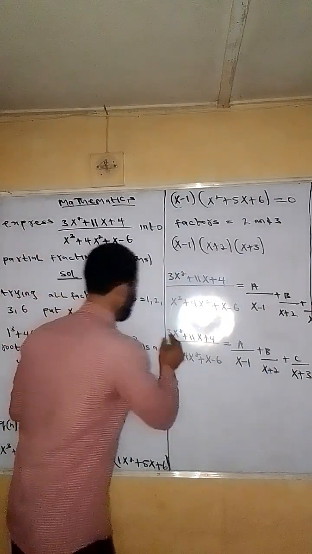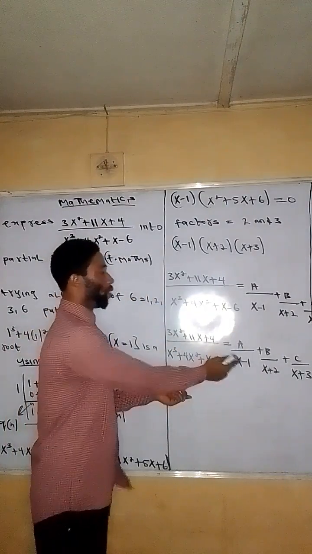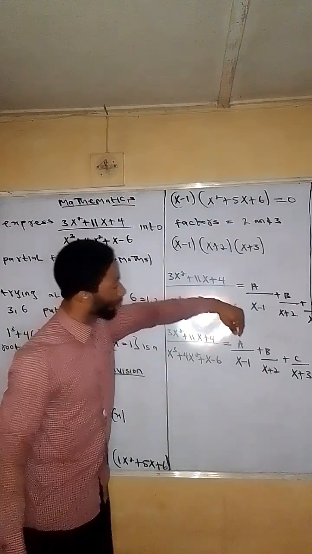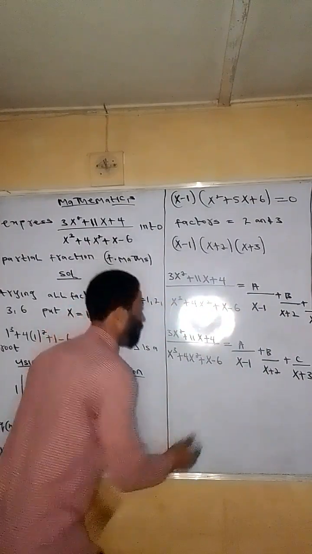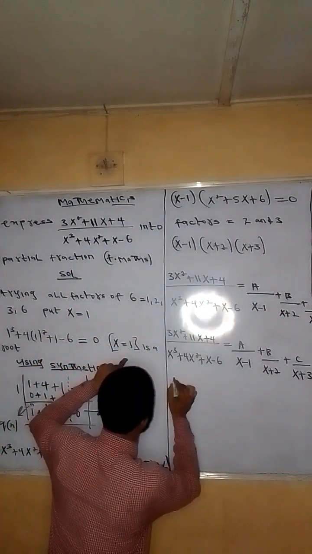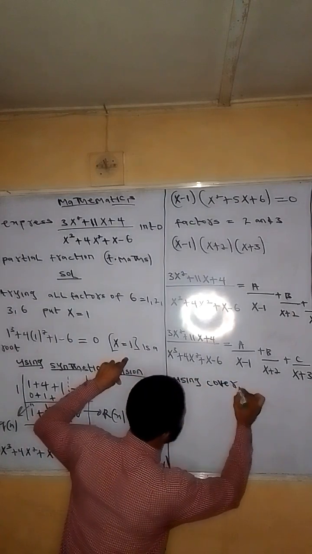Now, whatever you are seeing here is the partial fraction of this expression, but we cannot leave our answer this way because we have not been able to get the values of a, b, and c. So how do we get the values of a, b, and c? Using the cover-up rule.